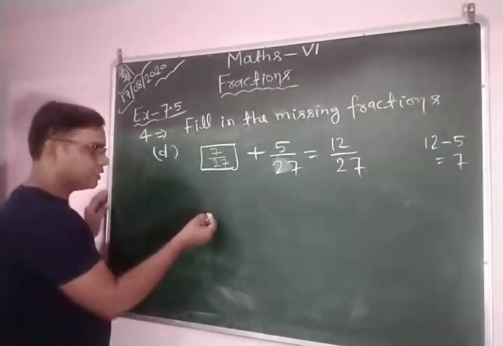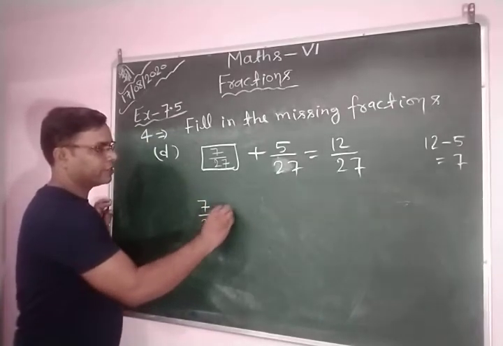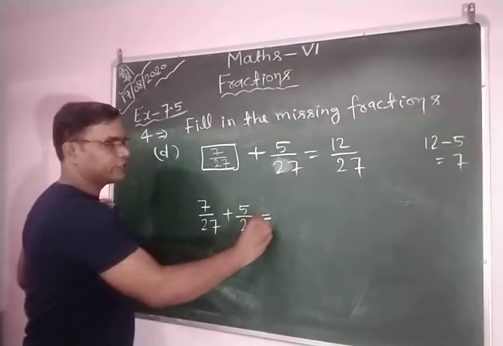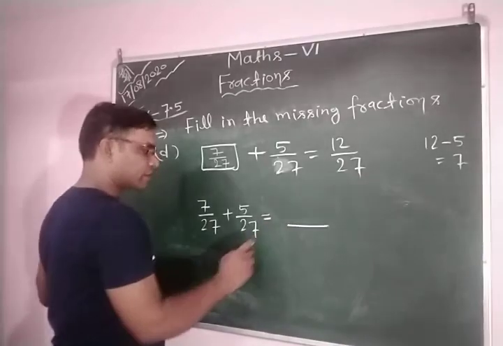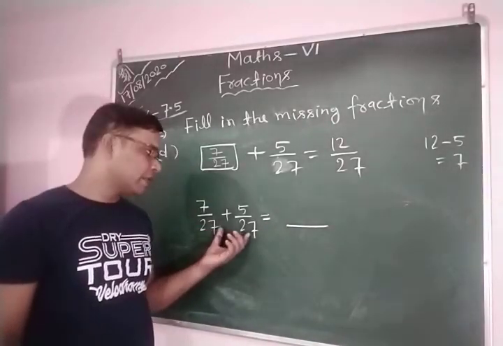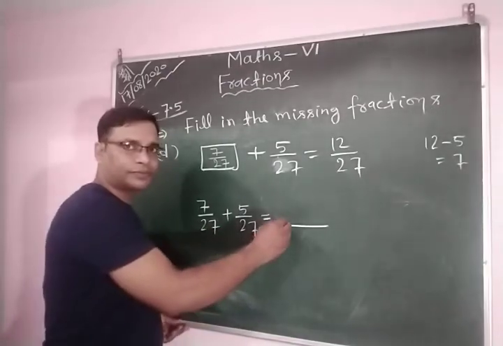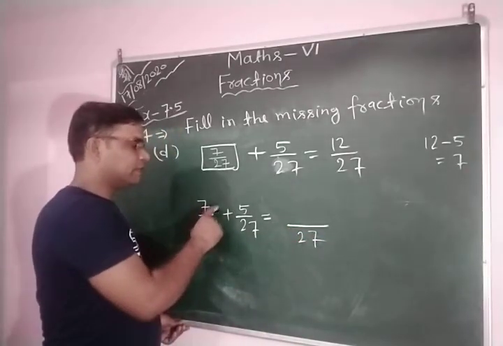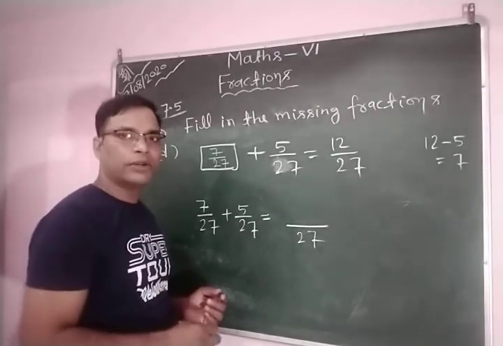Our required fraction is 7 by 27. If you add 7 by 27 plus 5 by 27, what is this equal to? Both are like fractions and the denominator of both fractions is the same, 27. 7 plus 5 is equal to 12.